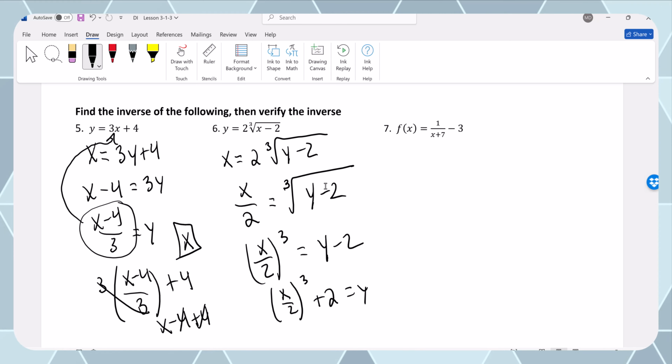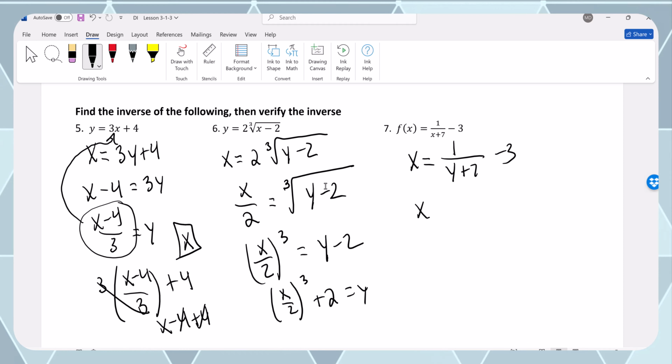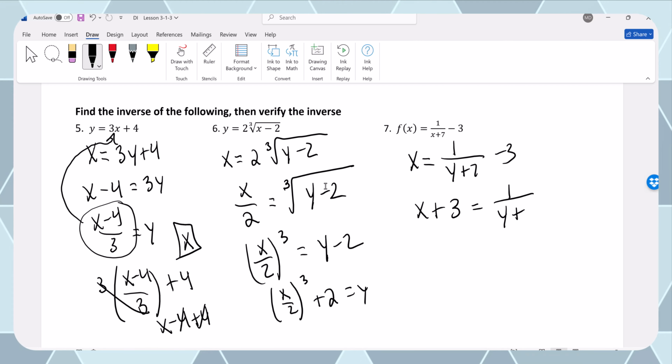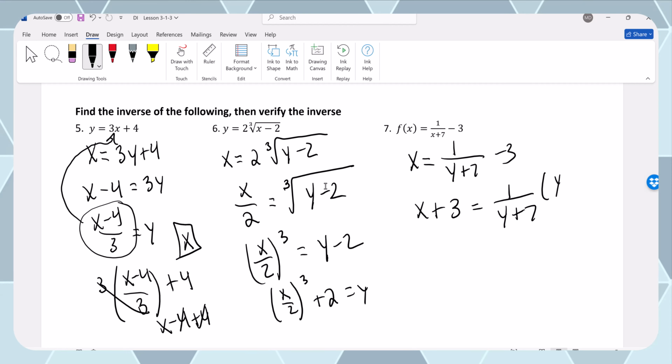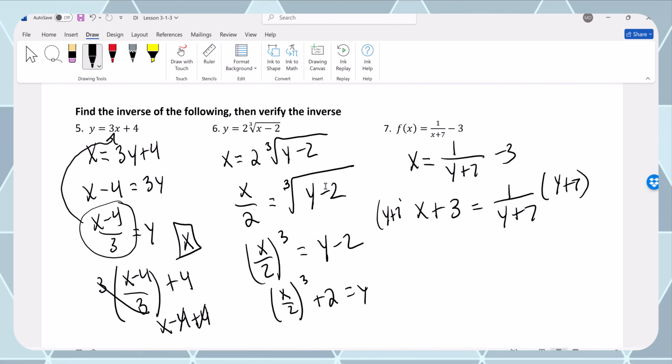Then for number 7, switch the x and y. Add 3. Now I have something in the denominator. To get it out of the denominator, you multiply. So I'm going to multiply both sides by 7.